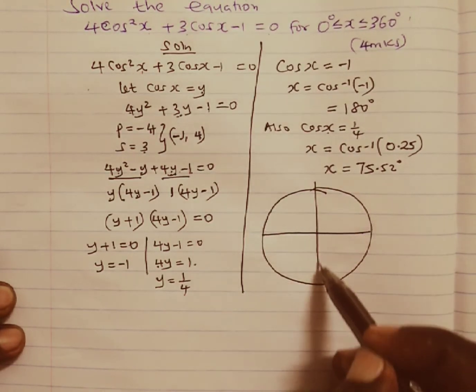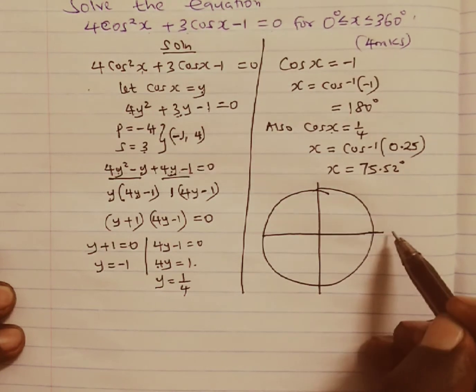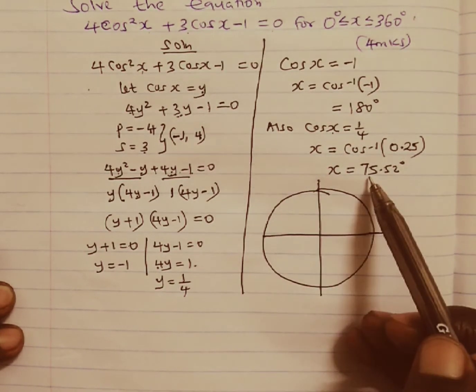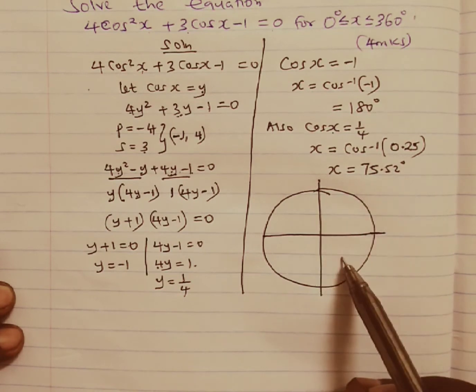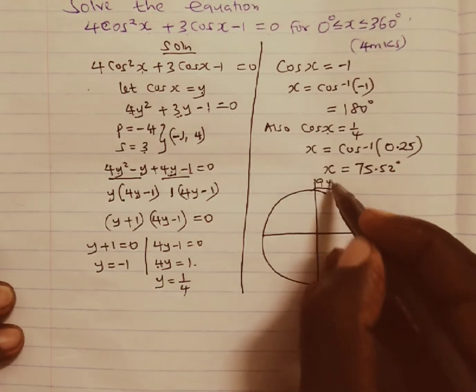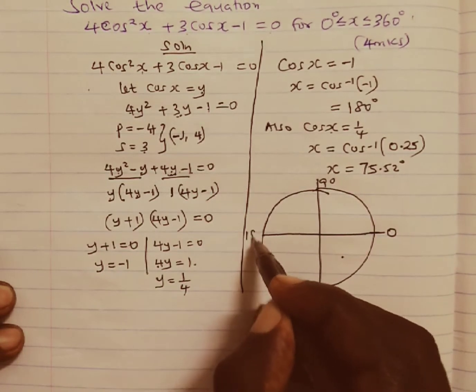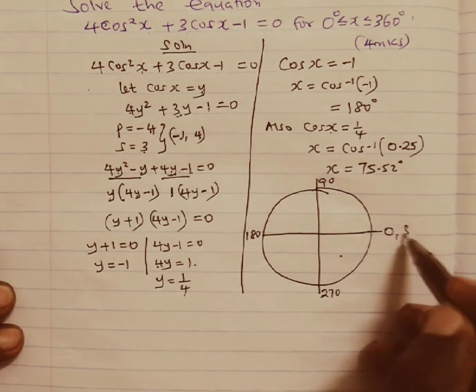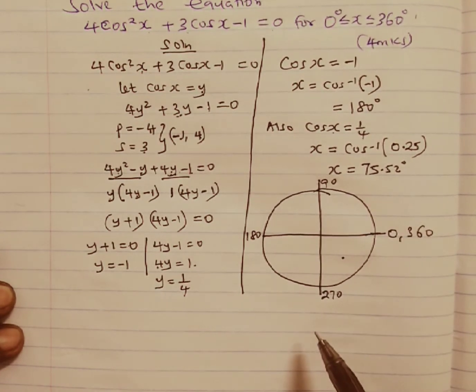This is our unit circle. Remember, this is our x-axis and this is our y-axis. We know cos is positive in the first and the fourth quadrant. So if this is 0, this is 90, this is 180, this is 270, and this one is 360.